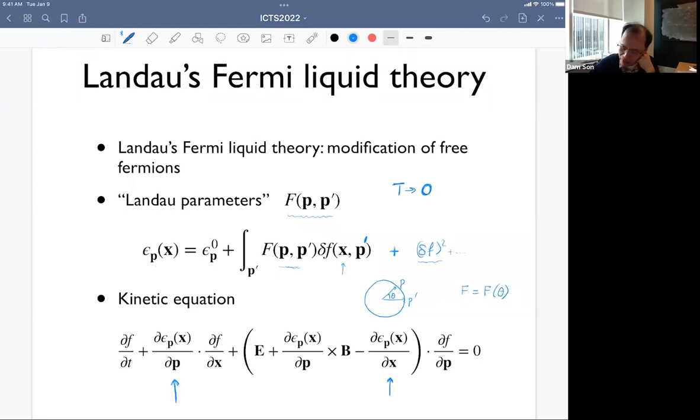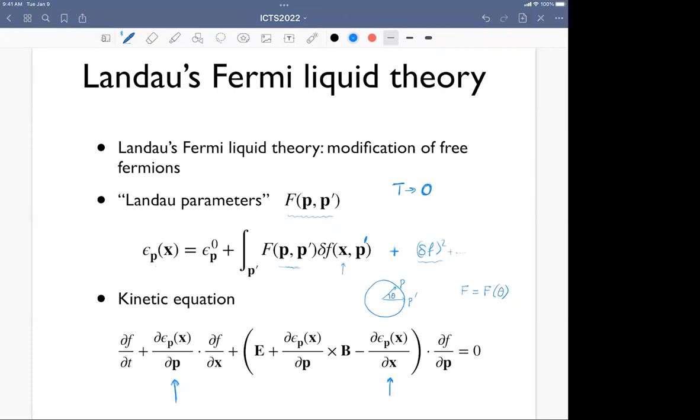And later on, people like Abrikosov, Gorkov, and Dzyaloshinskii managed to derive this theory from perturbation theory. So imagine that we have a fermionic system with some interaction.